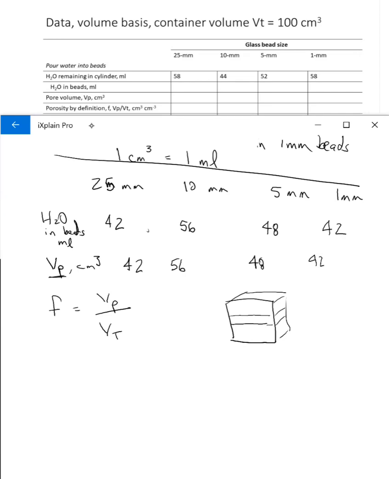Right now, the only data we have is related to volume. So we know that water occupies volume, air occupies volume, and solids occupy volume. We know that air and water exist in the pores.